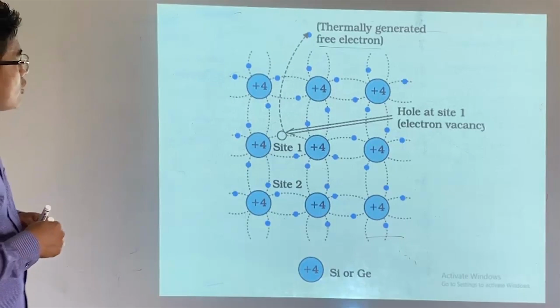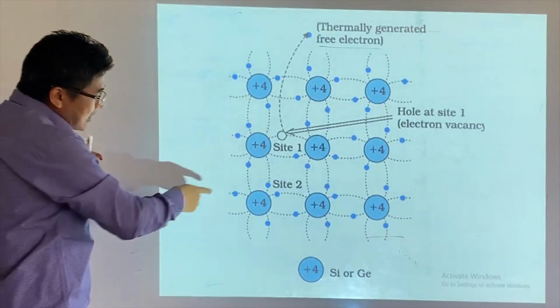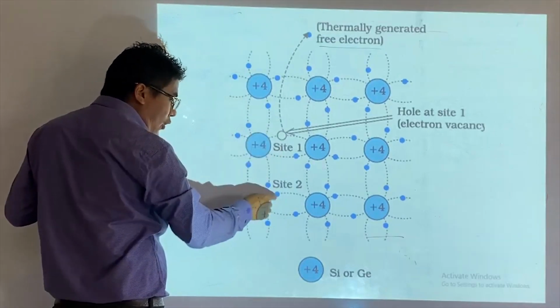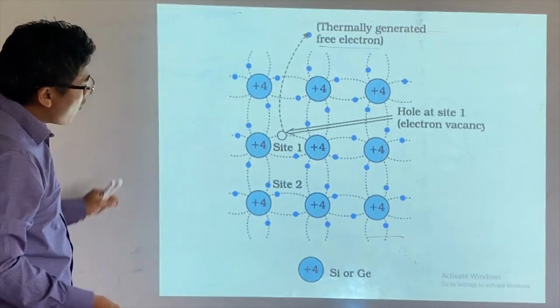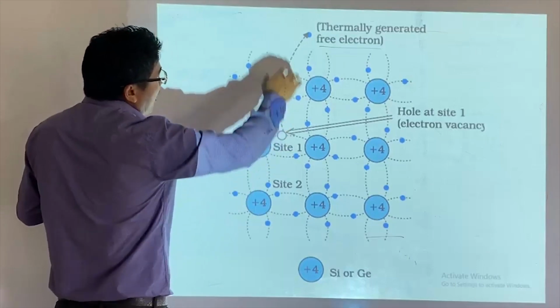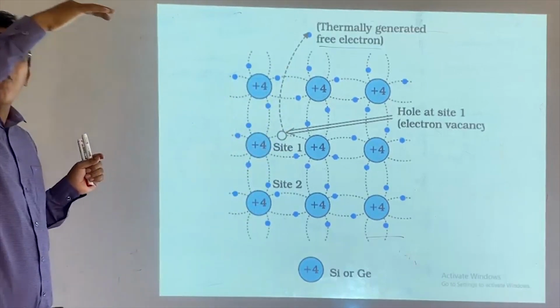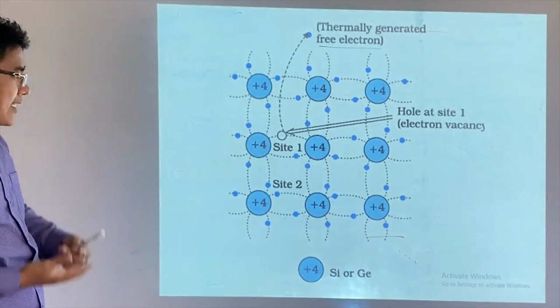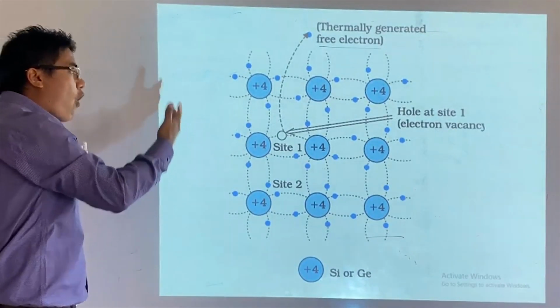All right. So what happens is that this electron can come and occupy this. This is how the movement of a hole takes place. So there is a flow of electrons taking place in the conduction band, and at the same time there is a flow of holes taking place.